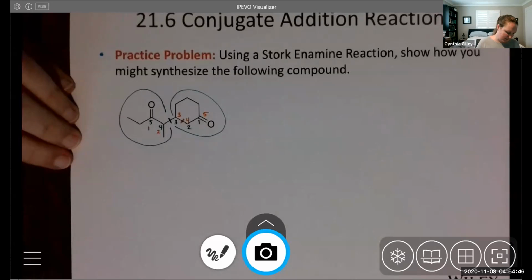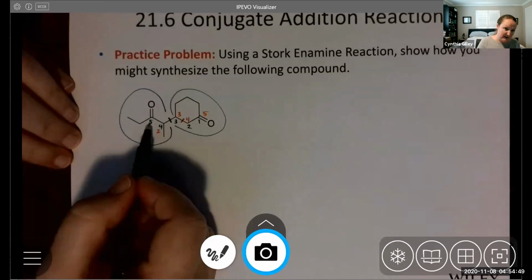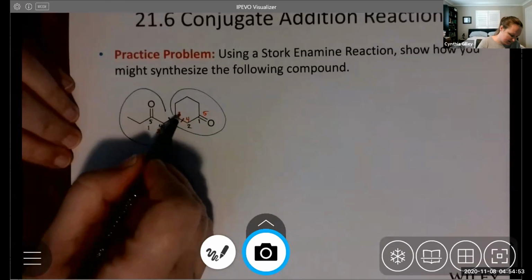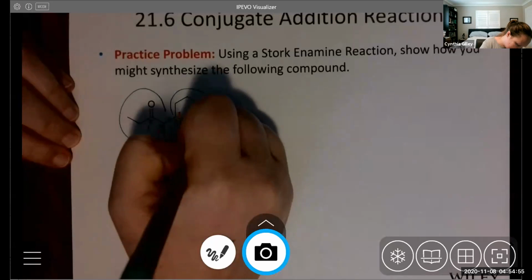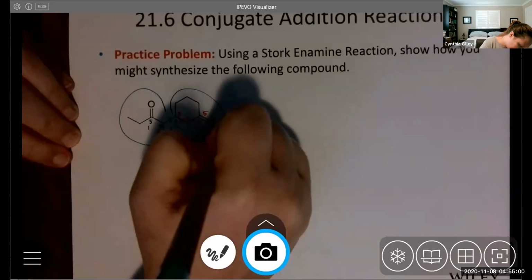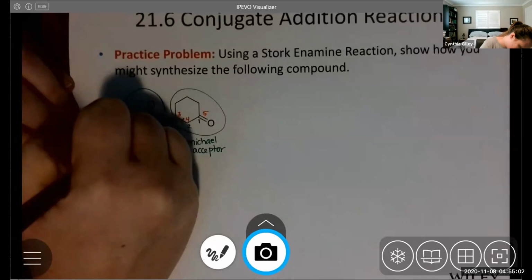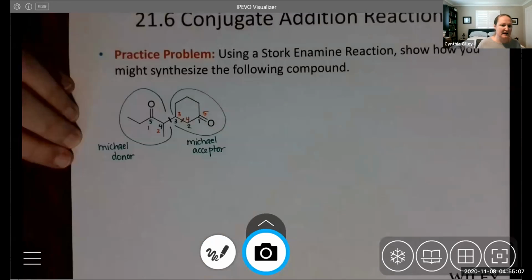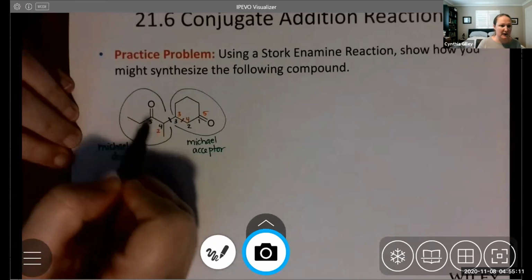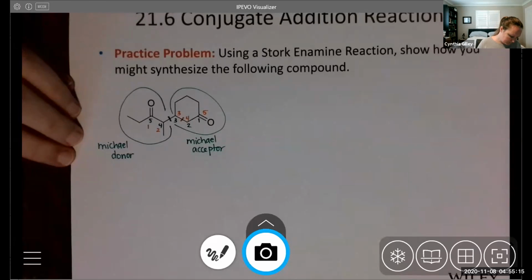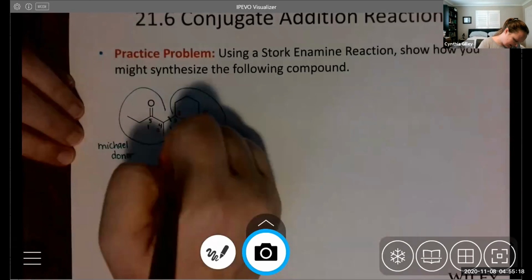If you're counting this direction, then the piece on the right is the Michael acceptor, so this would be a double bond here. I'll label this piece as our Michael acceptor, and this piece will be our Michael donor. Again, it would just be a typical enolate, which doesn't work in Michael reactions, so you need to convert that into an enamine.